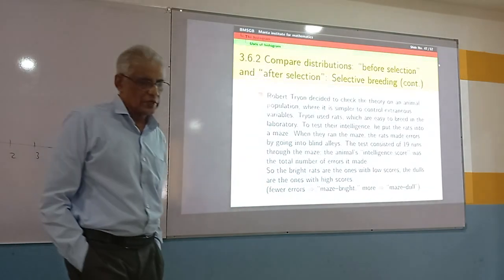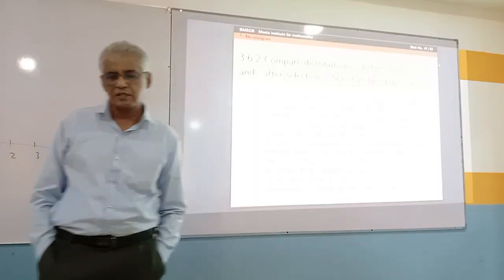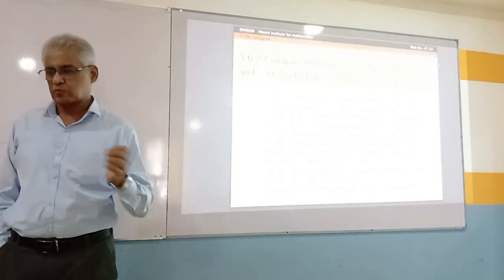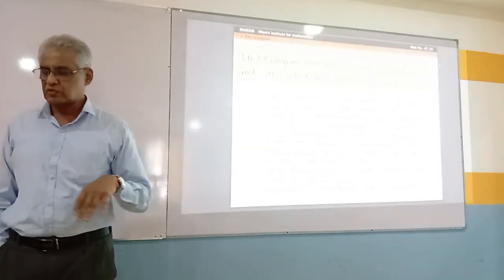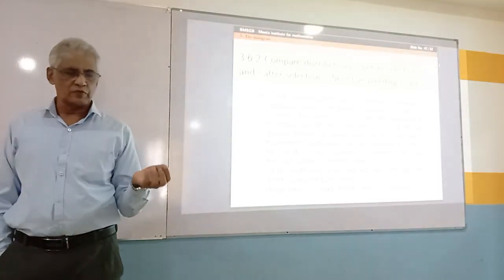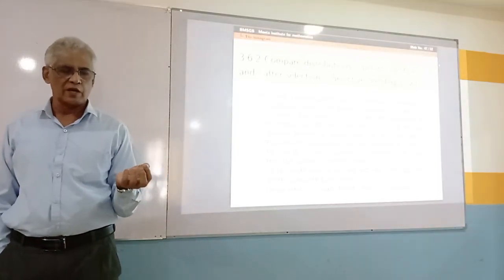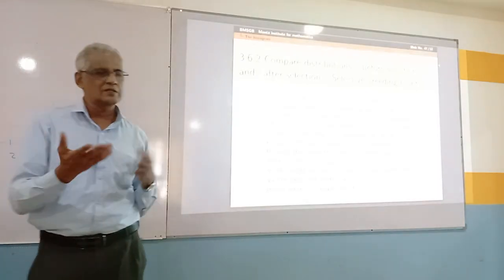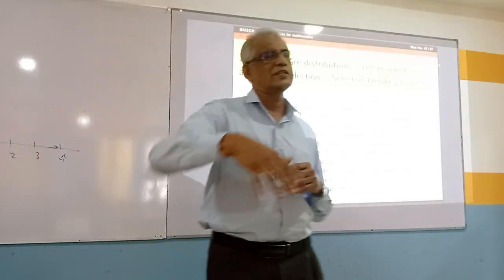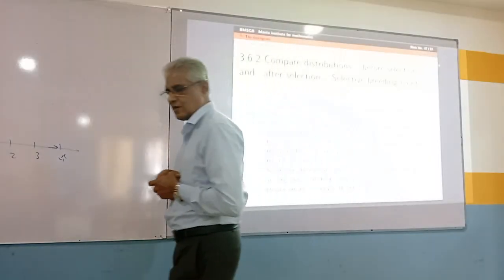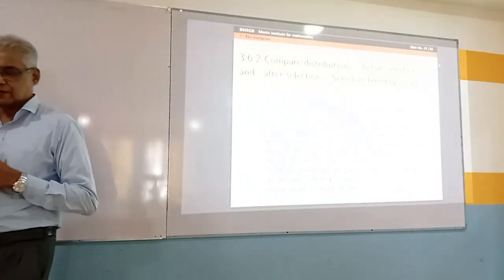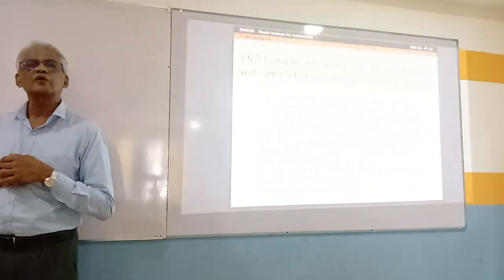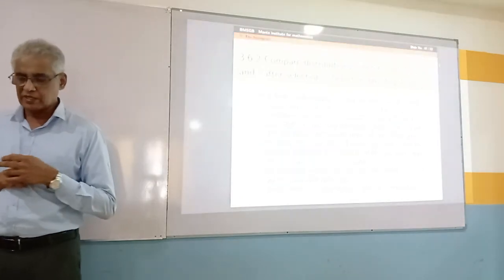Right? So each rat was exposed 19 times to the same maze. If you take, for example, one rat, out of 19 trials he may have made 5 errors, and all the other times it was successful. Like that, for each rat, he counted the number of errors made.